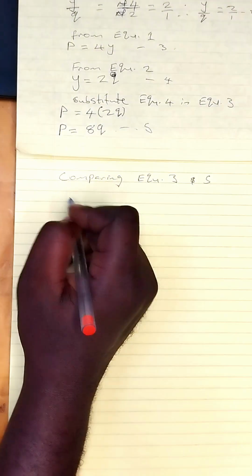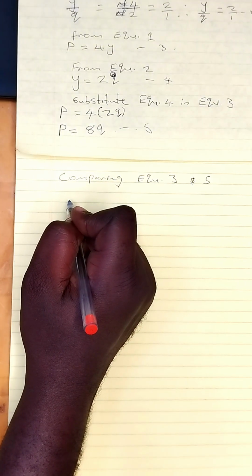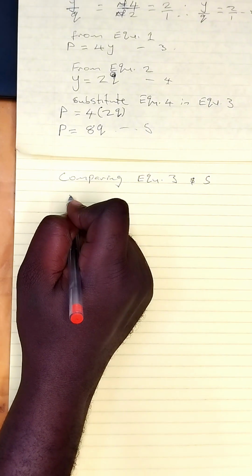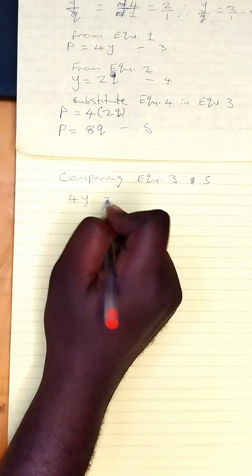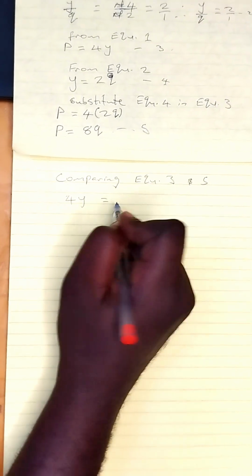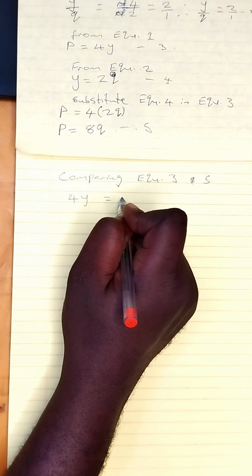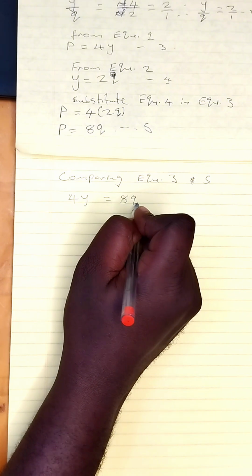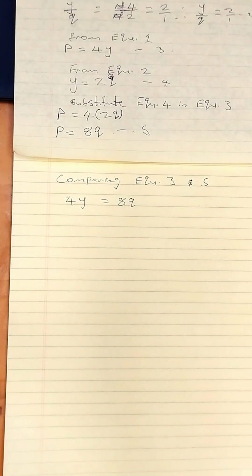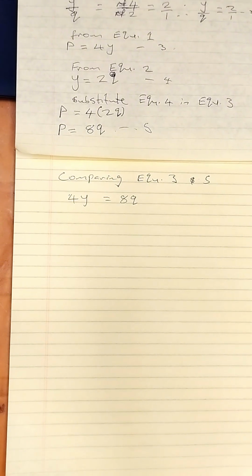So comparing these two equations, you will have 4y is equal to 8q.